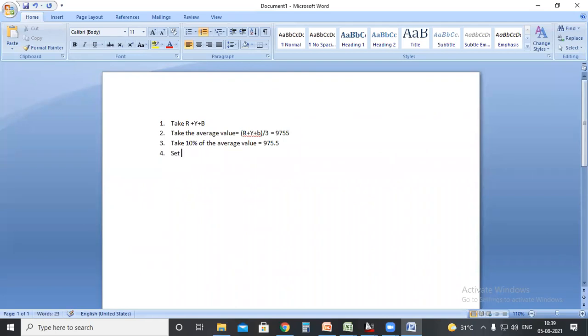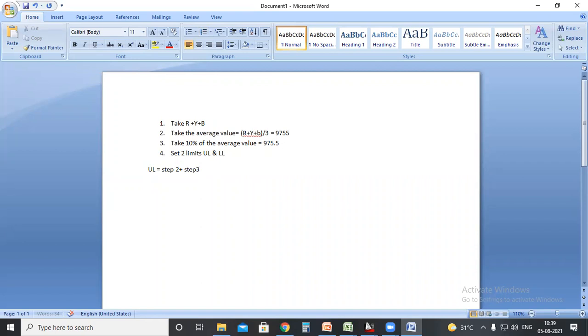The fourth step is set two limits, an upper limit and a lower limit. Upper limit equals step 2 plus step 3.